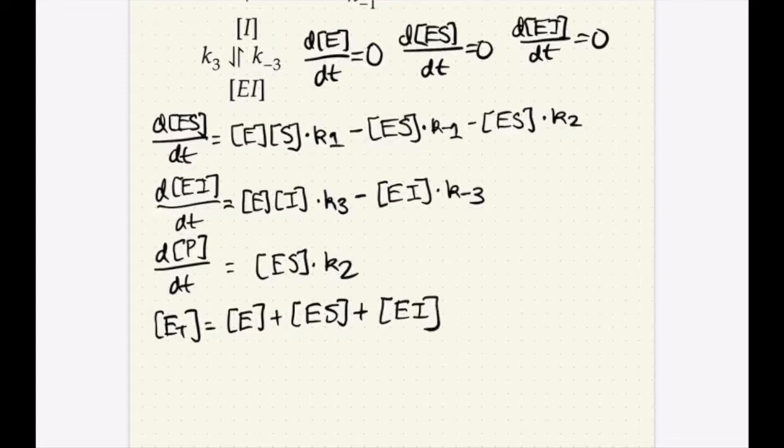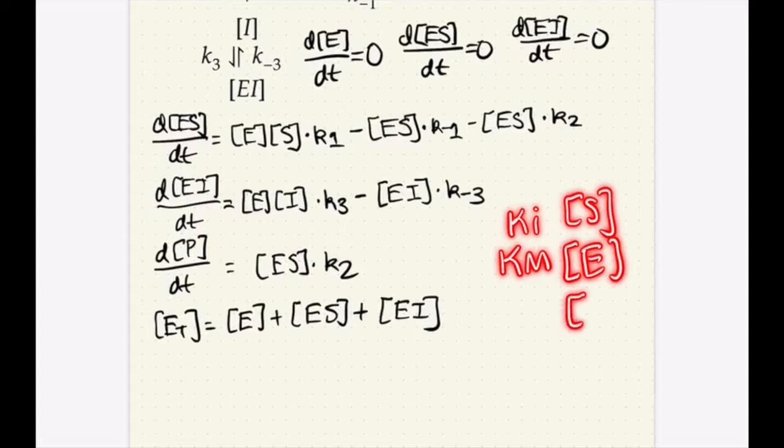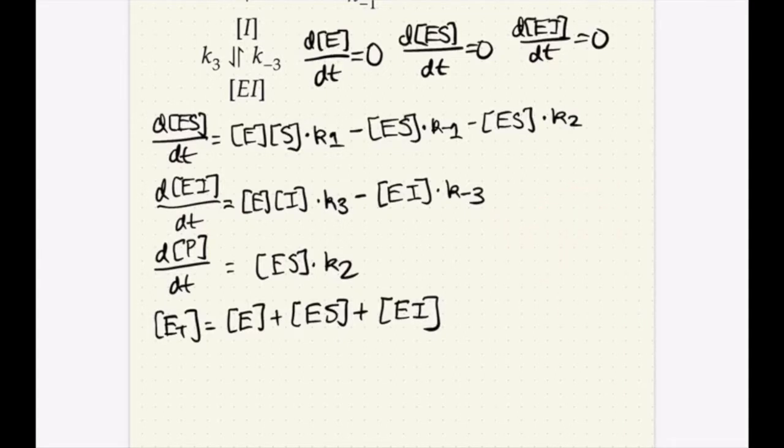And this is what we're going to be using so that we can plug all these equations back into this equation, and so that we can model the rate of product concentration changes over time in terms of the Ki value, the Km value, substrate concentration, enzyme concentration, and inhibitor concentration. So let's begin this process.